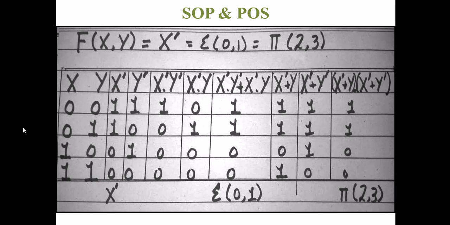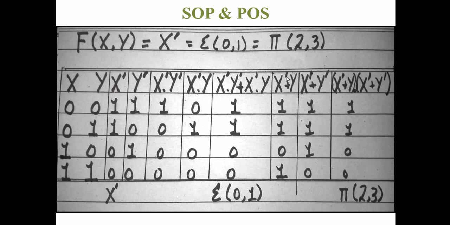This is the truth table that is representing the values related to minterms and maxterms. Minterms are here according to our question, that is x complement dot y complement plus x complement dot y. If you add both of them, then you will find 1100.